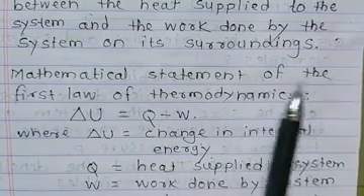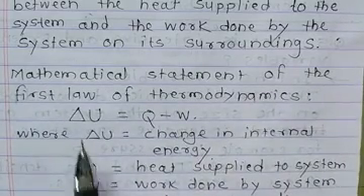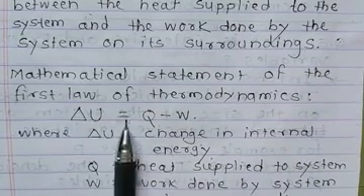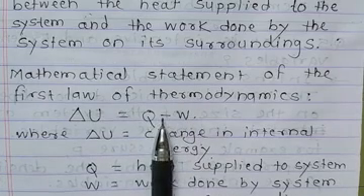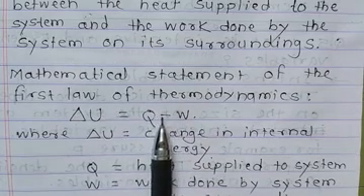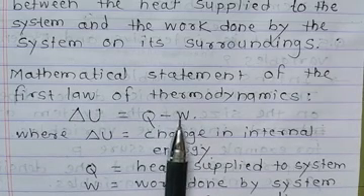Mathematical statement of the first law of thermodynamics: Delta U is equal to the difference between heat supplied to the system and work done by the system.